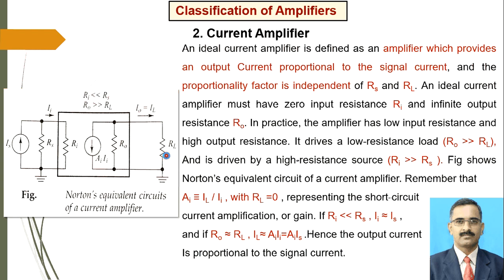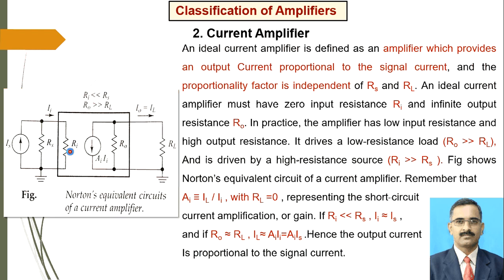So AI into Ii is nearly equal to AI into Is. Why? Because whatever current is flowing, Is, it is getting in this particular input resistance. Getting my point? So this is related to that particular current amplifier.